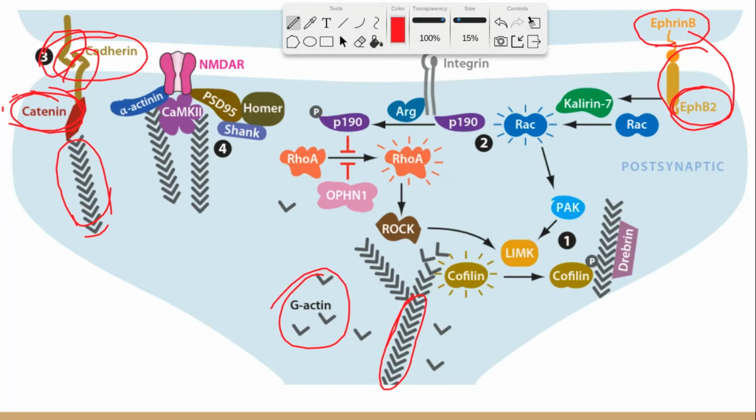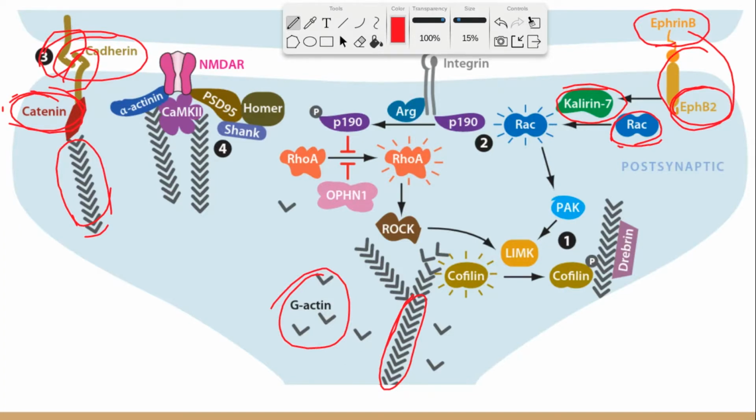Specifically, one very important target is Kalirin-7, just abbreviated Kal7. When EphB2 activates Kal7 via phosphorylation, Kal7 will then function as a guanine exchange factor for RAC1. So it's a GEF. A GEF means that Kal7 is going to switch RAC1's GDP for GTP.